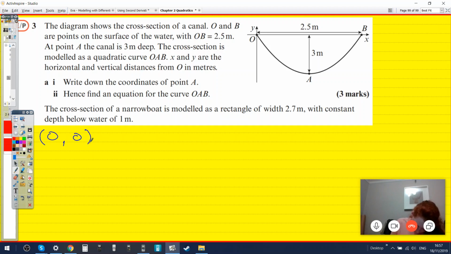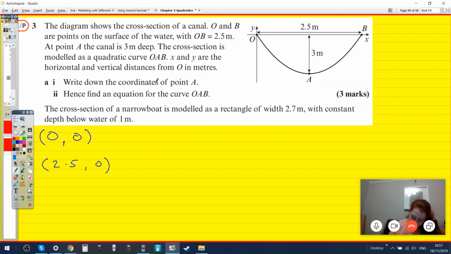So it goes through 0, 0. And the x-intercepts are 0 and 2.5. Are we forming the equation from them?